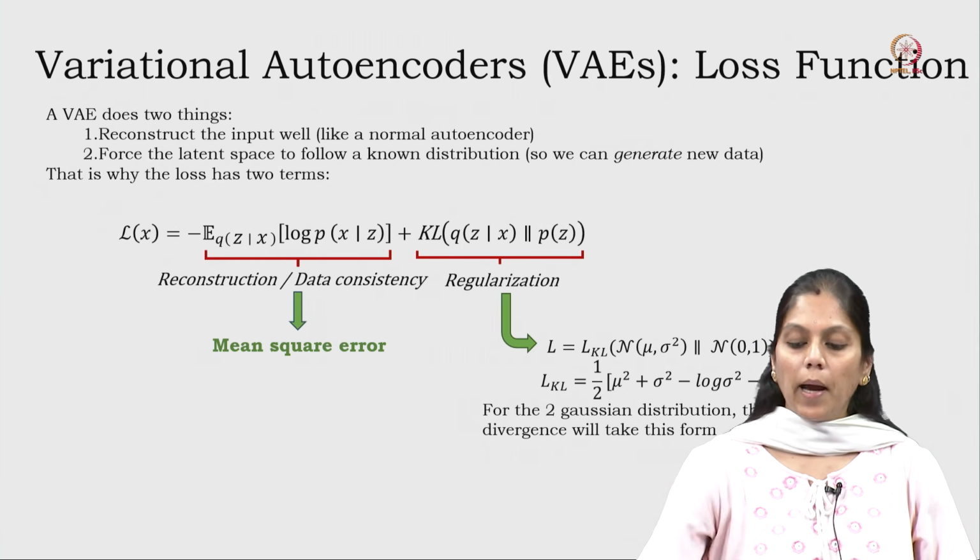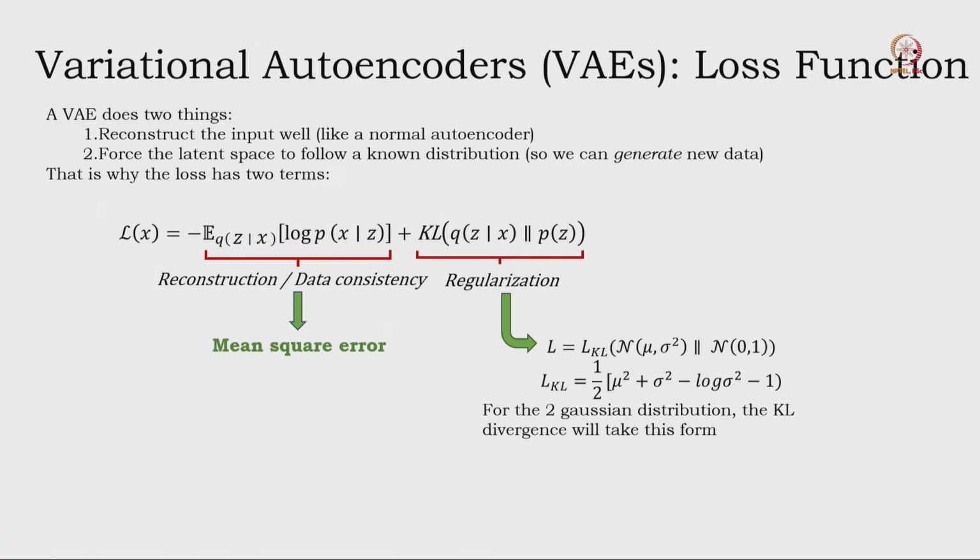So, a quick recap of what exactly has happened. We have a loss function, and the loss function has two terms. One is the reconstruction loss, the reconstruction term. If you are using mean square error, for continuous data, you will have this formula in terms of MSE.